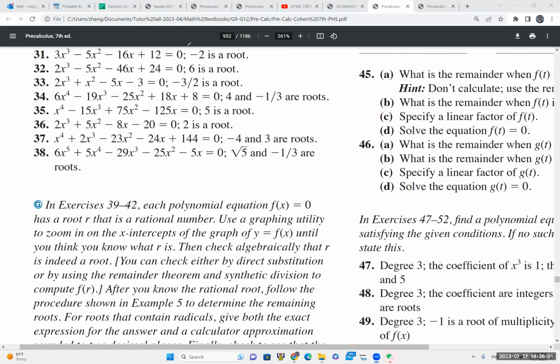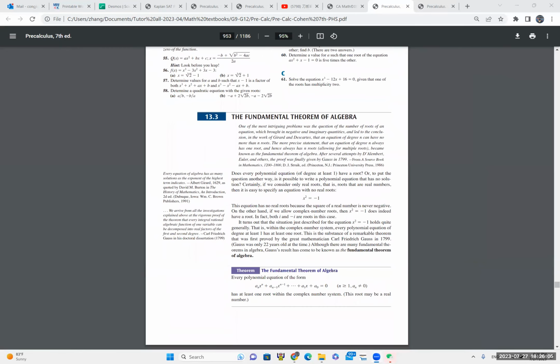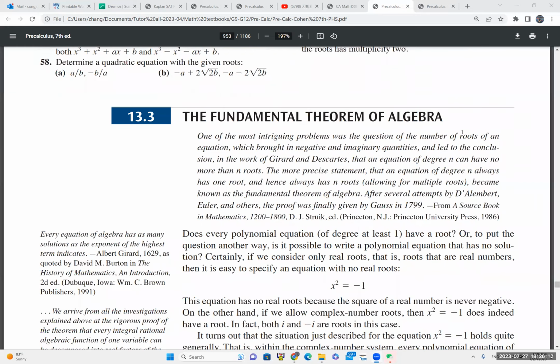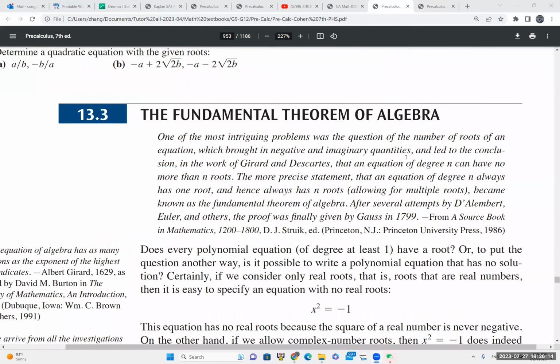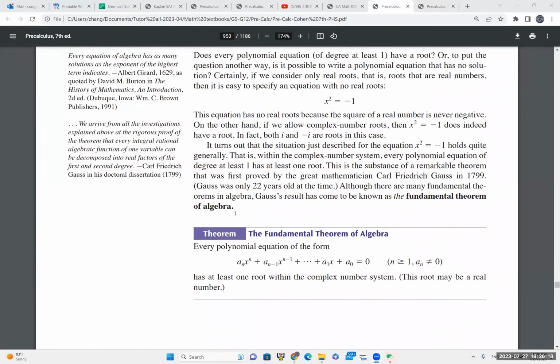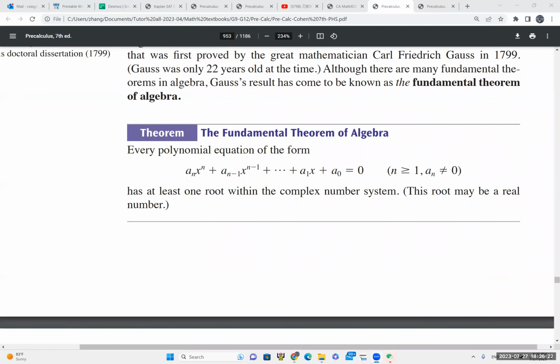Okay, good. Then let's go to the next section: the fundamental theorem of algebra. We'll go to this directly. Every polynomial equation of this form has at least one root within the complex number system.